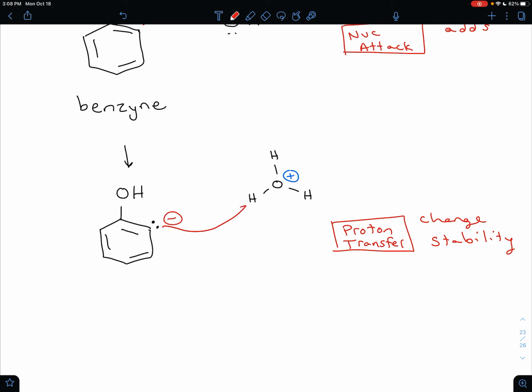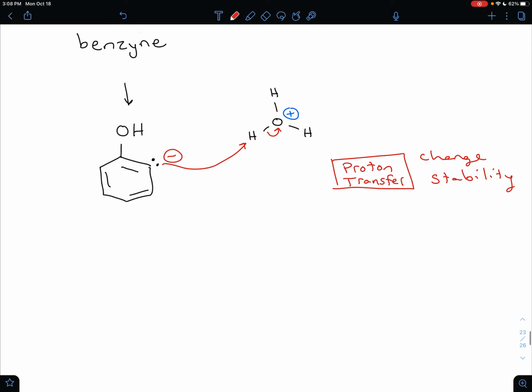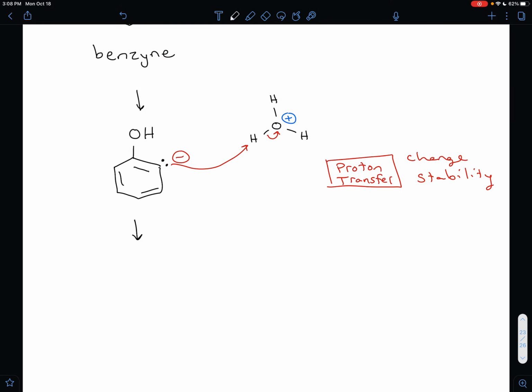And the electrons will steal one of those H pluses. Hydrogen can only form one bond, so if it's going to form this new bond, the electrons in the other bond have to go to the most electronegative place nearby. That's that oxygen in hydronium, as I've drawn it. And that gives you your product.